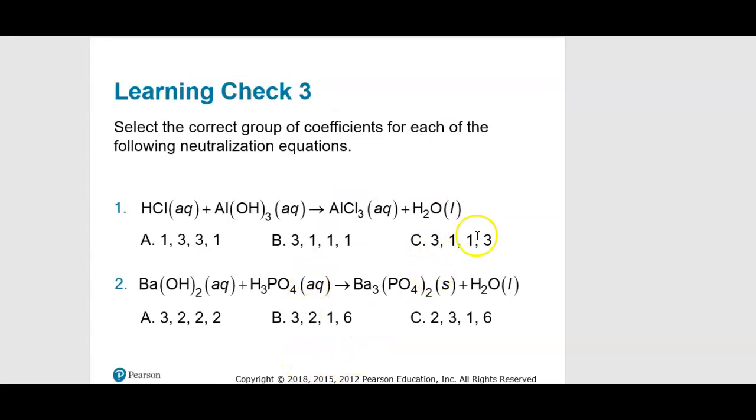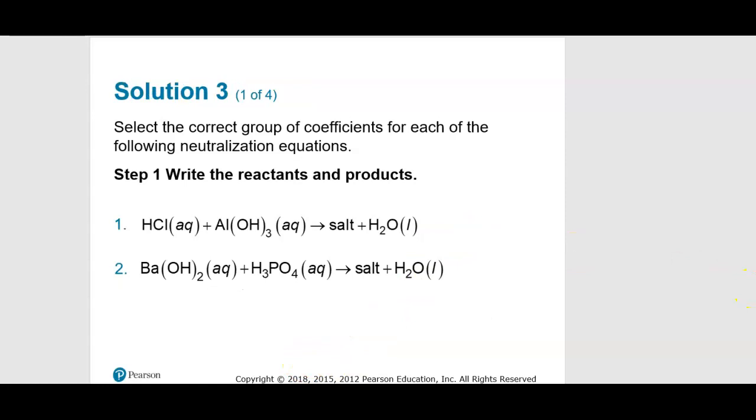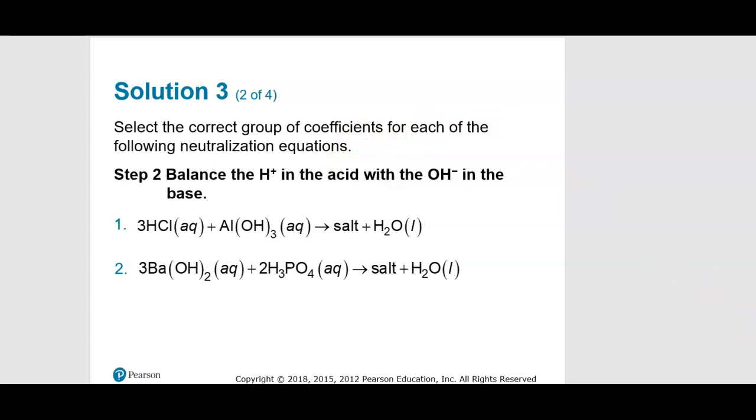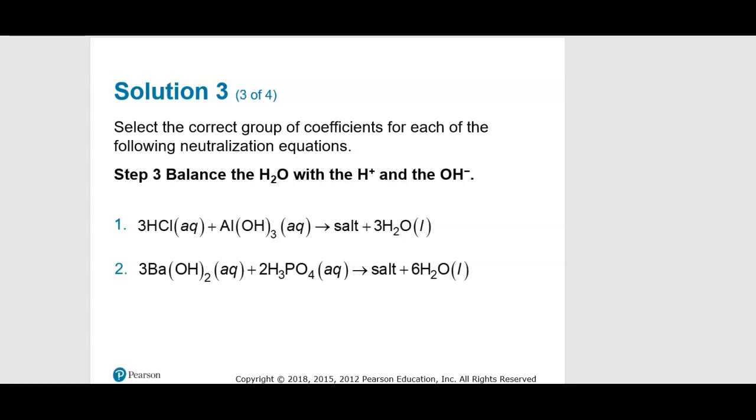Look at that. So when you do this, you see they write the reactants and products, balance the hydrogen in the acid with the hydroxide in the base, which we did, and then balance the water.